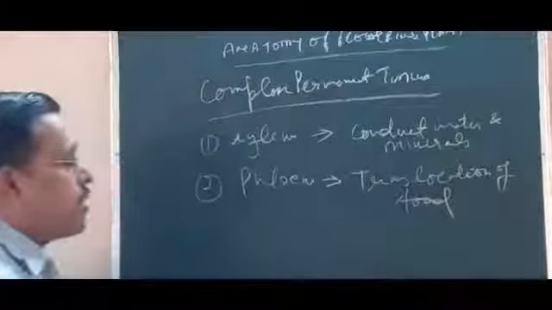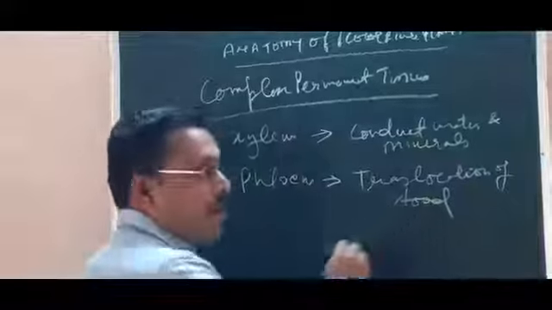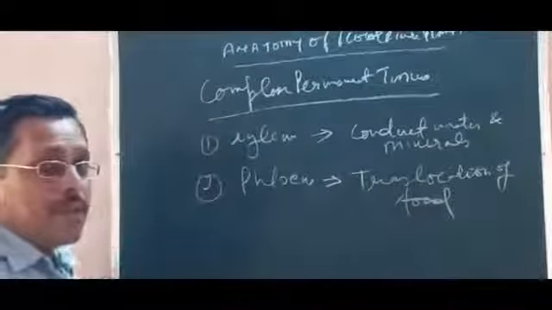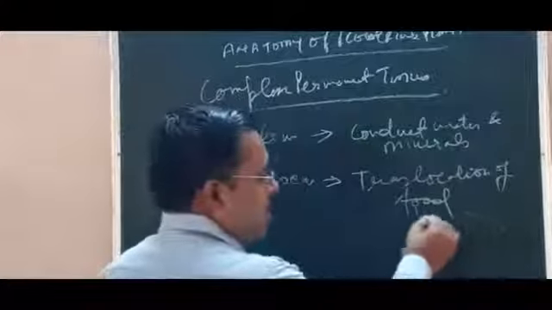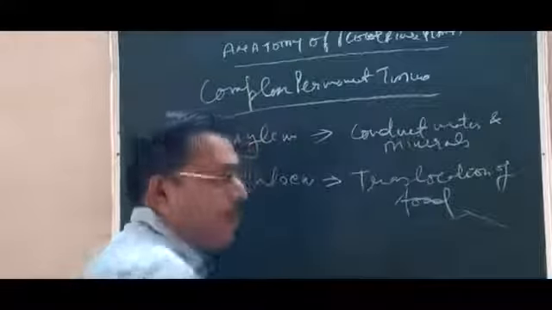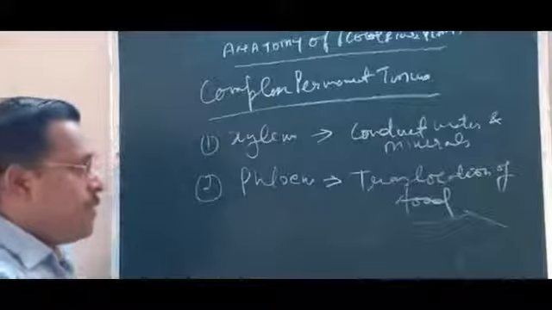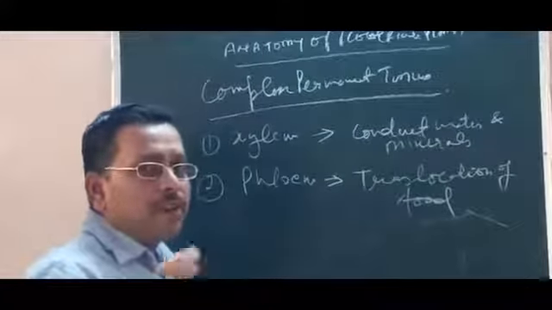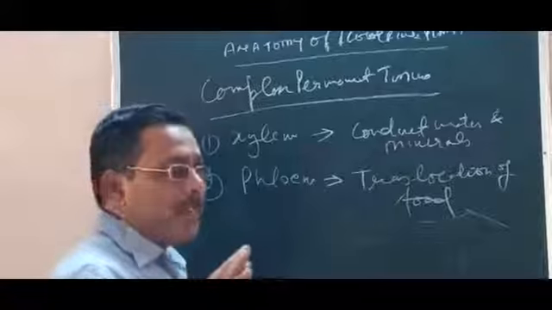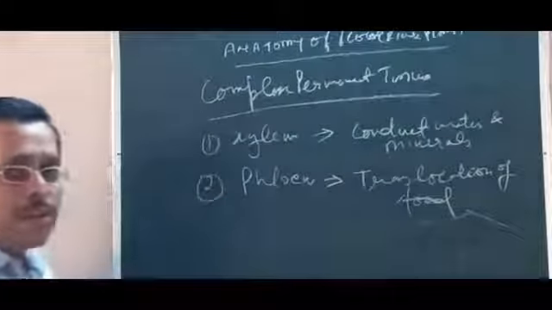Phloem translocates food, the photosynthetic product, from the upper body parts of the plant to the different parts where the food is needed. When the food is not needed, it is stored in different organs of the plant in the form of fruits and also in other body parts.